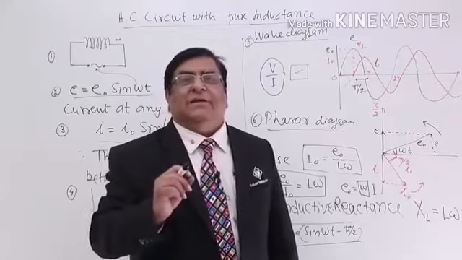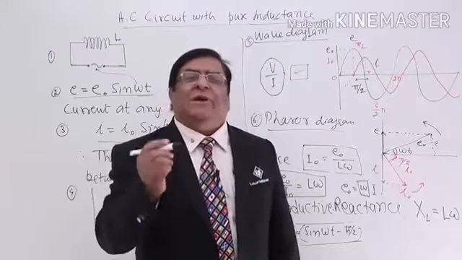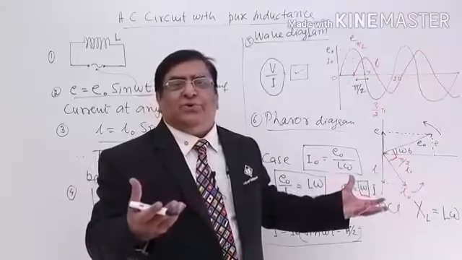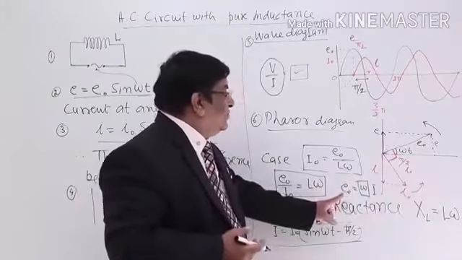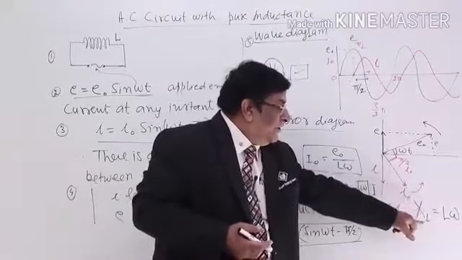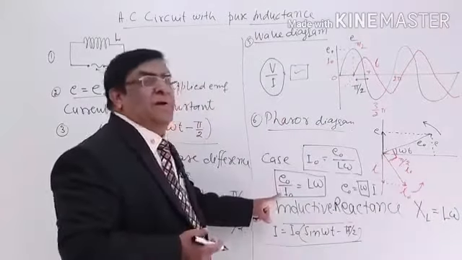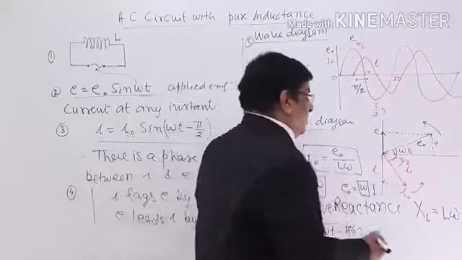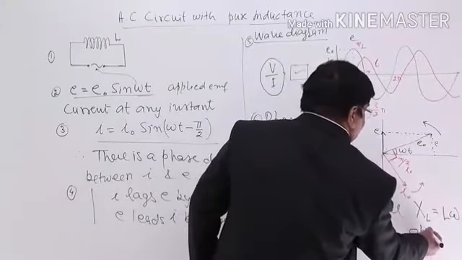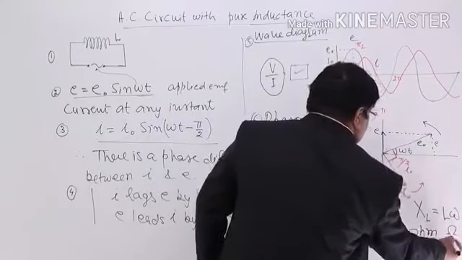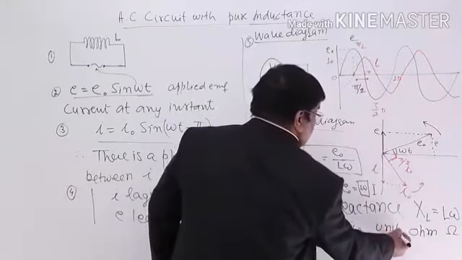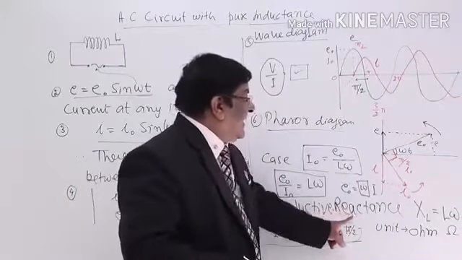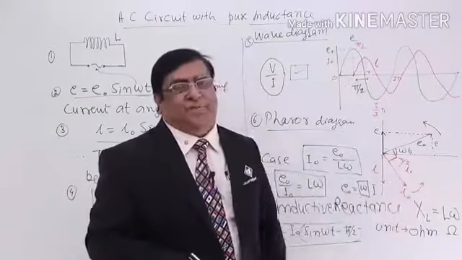Resistance is basically opposition to the current, and we have fixed a unit ohm. Now we say there is no change. This is opposition to current, and this is given by E by I. So why should we change the unit? So we take the same unit, ohm. So the unit of inductive reactance is ohm, please remember it.